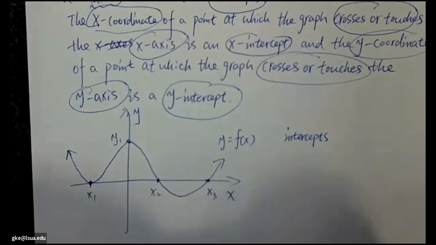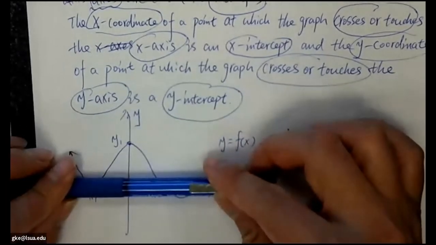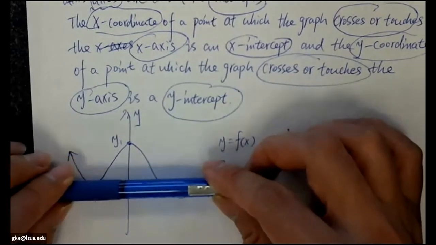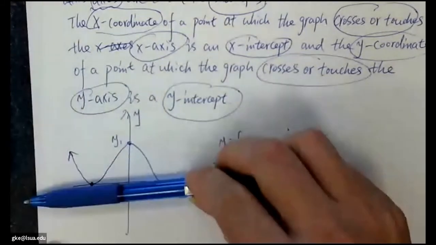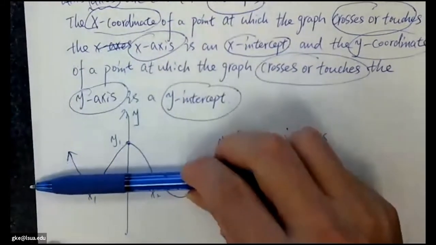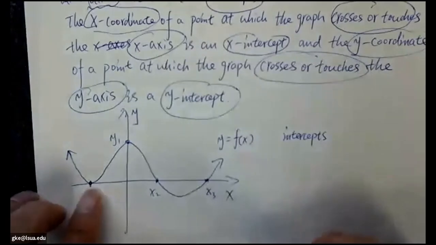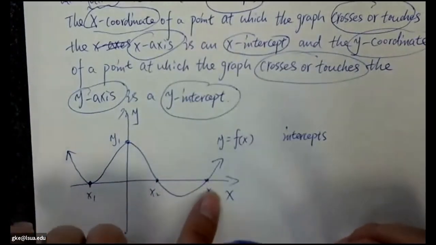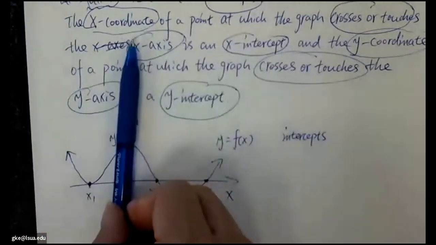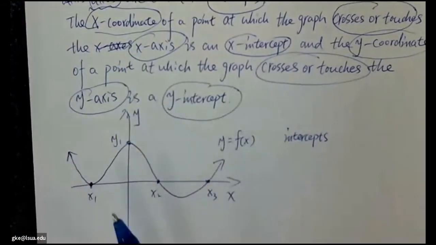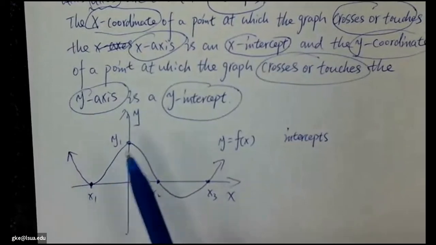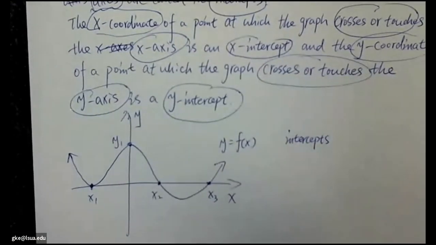You just need to check whether the curve touches or crosses over the x-axis and the y-axis. For the x-axis, the curve touches this point and crosses over these 2 points. And for the y-axis, the curve crosses over this point. That's it. So how many intercepts? 1, 2, 3, 4. 4 points.